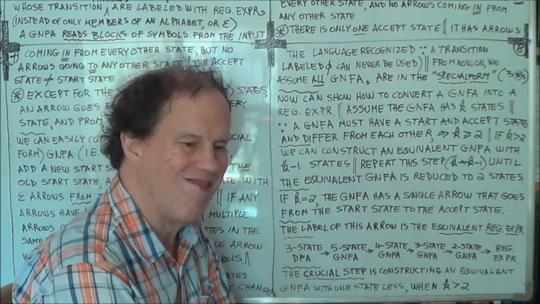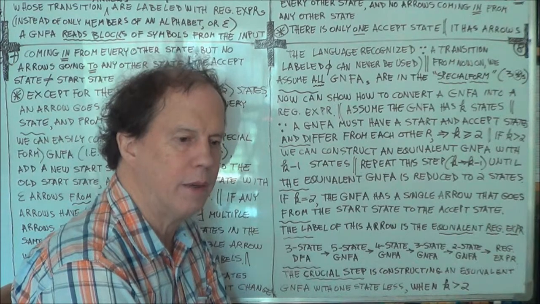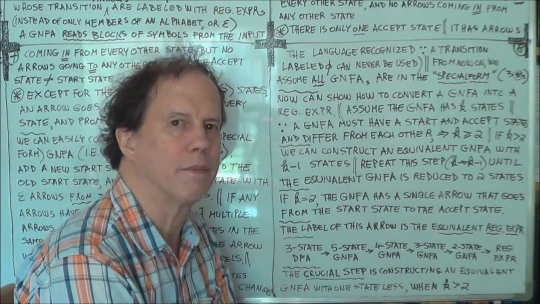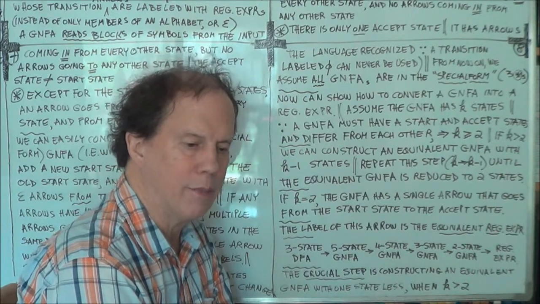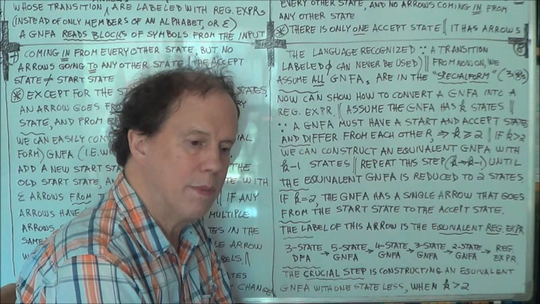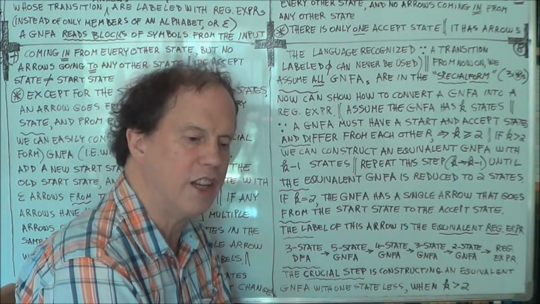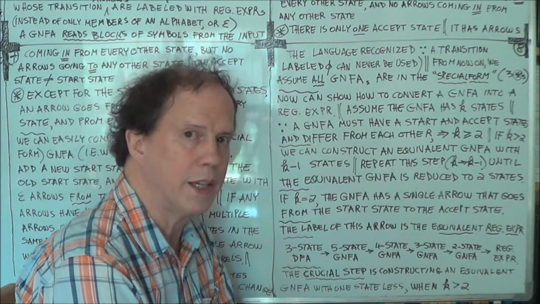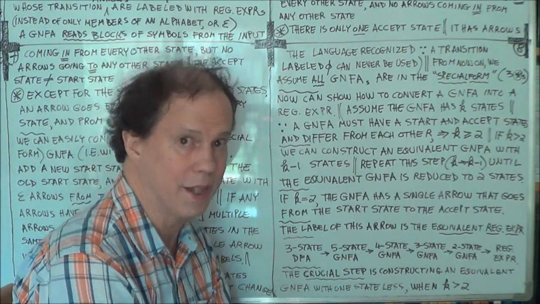So you rip out one of your non-start, non-accept states. You repair the damage, whatever that means; you'll go into that later. That means you now have an equivalent GNFA, but with one state less. So now you have k minus 1 states.